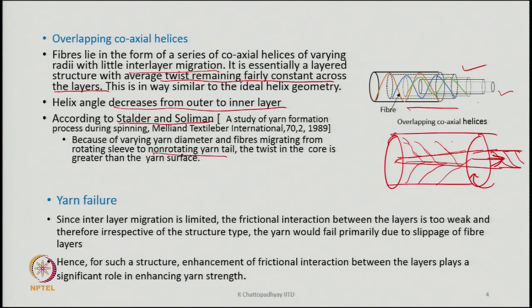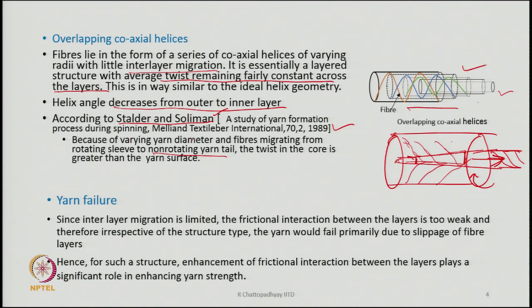That is what has been proposed by these two researchers, and that paper is also published as it is shown here. And what they say is, if I am rotating the fibers around the yarn tail, wherever the diameter is less, rotation will be more, wherever diameter is bigger, rotation will be less, and therefore, twist will be varying.